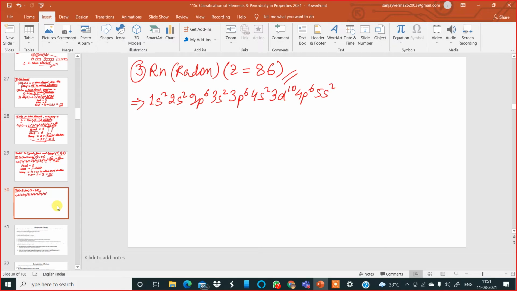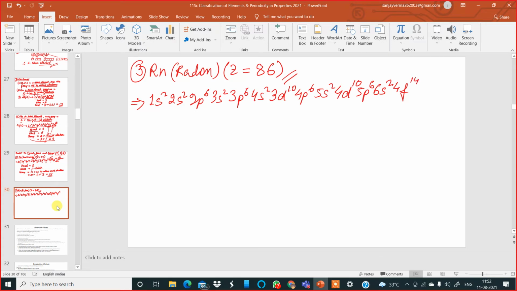Then comes 4d10. After 4d10 we have 5p, so 5p6. After 5p we have 6s, 6s2. Then after 6s we have 4f, which will have 14 electrons.